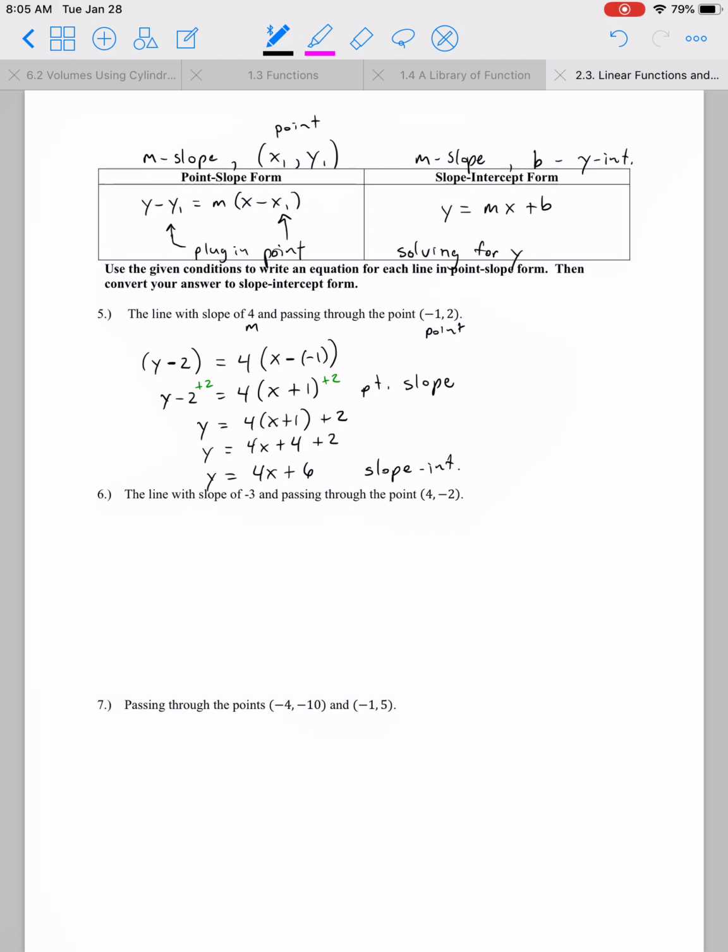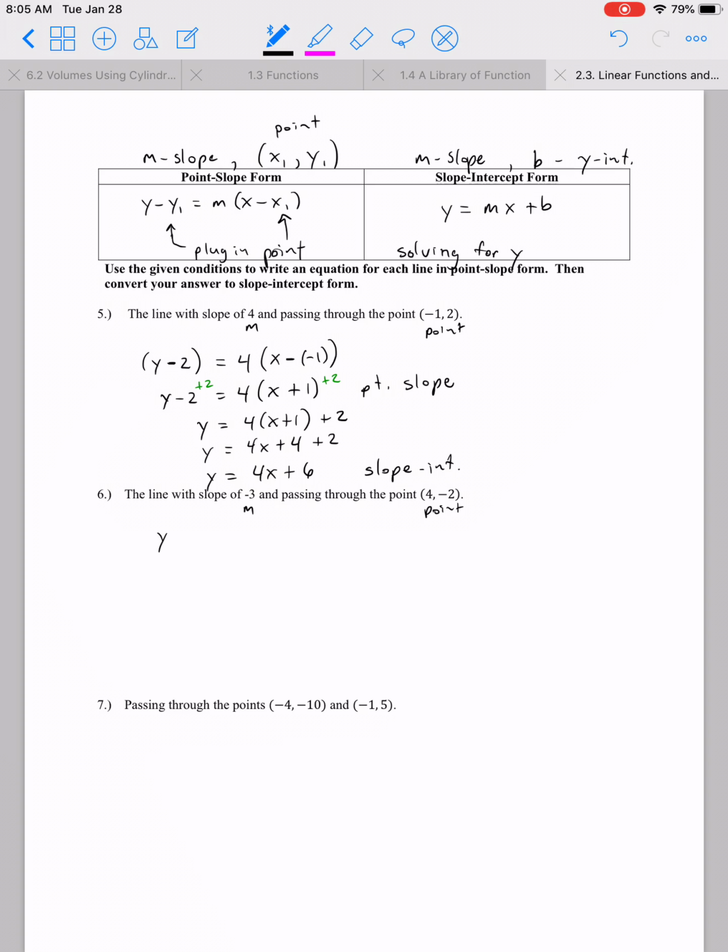All right, so let's try this next one. The line with slope of 0, or sorry, of -3, and passing through the point 4, -2. All right, so this is our point, and then we're just going to go through and put this into the proper form.